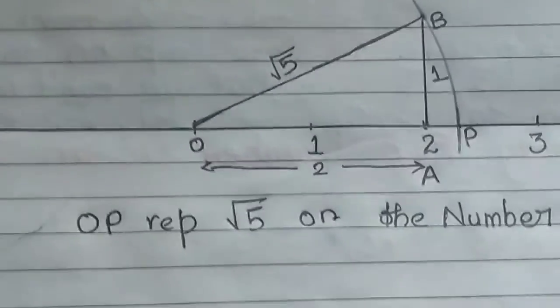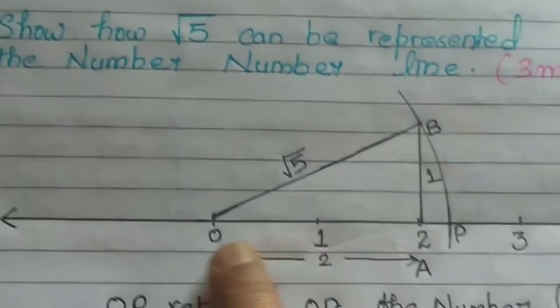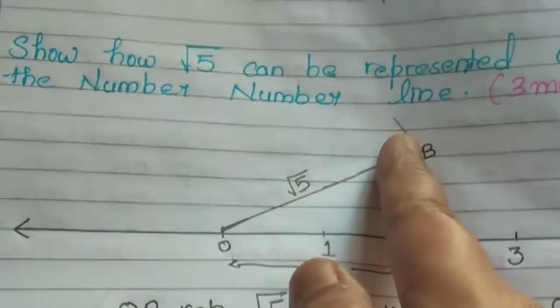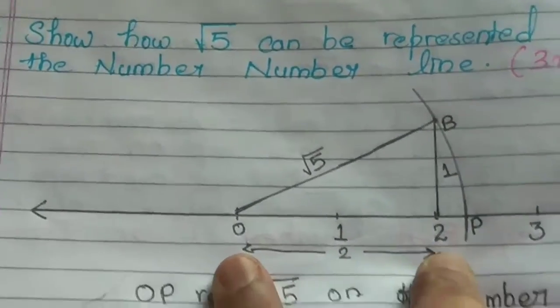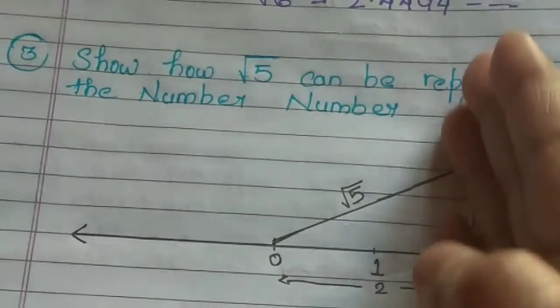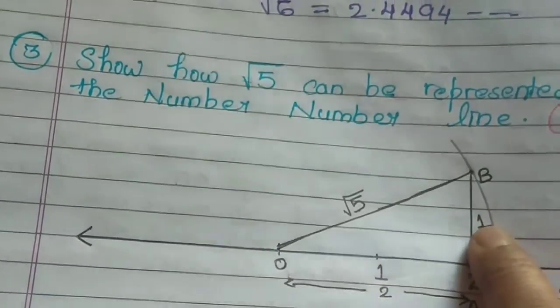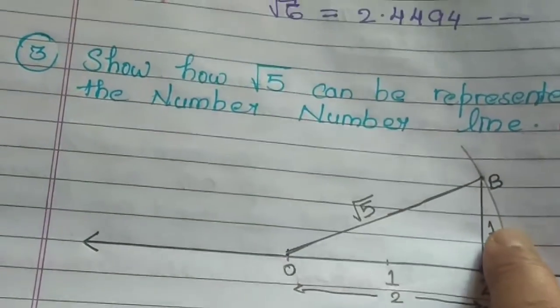So you can check here one more time. Here it is 1 unit, here 1 unit, and here 1 unit. That is, on the base it is 2 units, and on the perpendicular it is 1 unit. So 2 square plus 1 square, 2 2s are 4, 4 plus 1, 5.